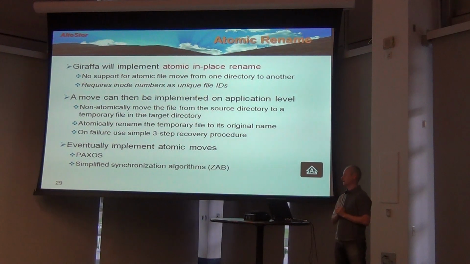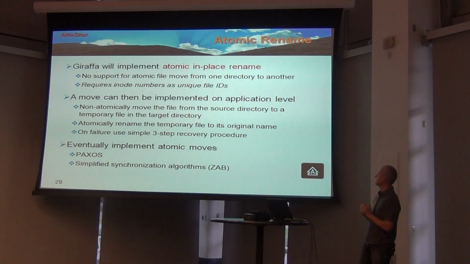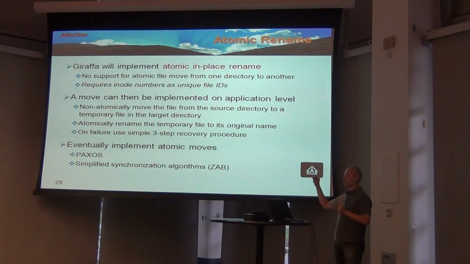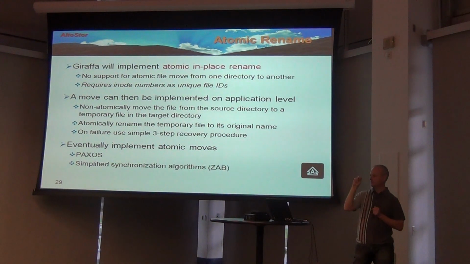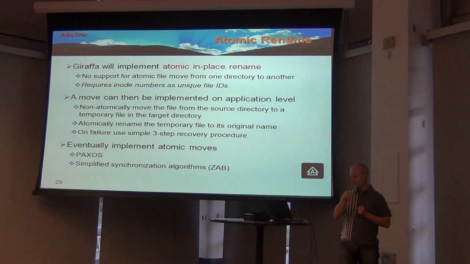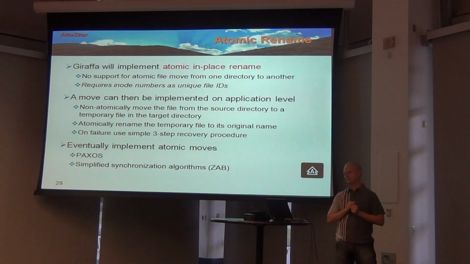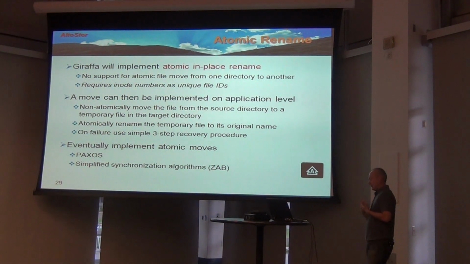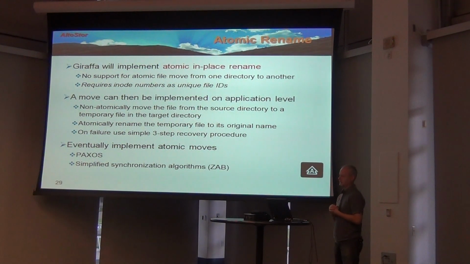As an example, I showed here a simple procedure where you move the file from the source directory to a temporary name in the target directory, and then rename the temporary file to the original name, or to the desired name.